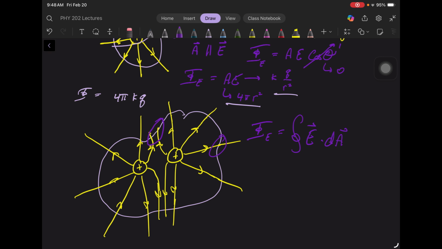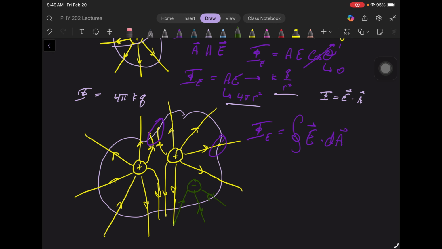And so where we had initially just dotting the two, now we're going to integrate around the area, right, which as you can imagine, is going to drastically increase the complication of this problem. And we haven't even considered what would happen if we dropped a negative charge in there, where now we have the field lines pointing inwards, right?